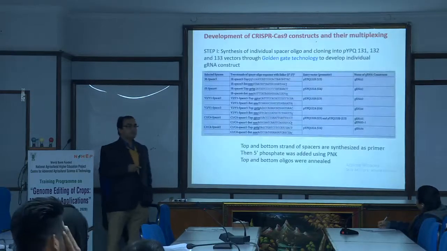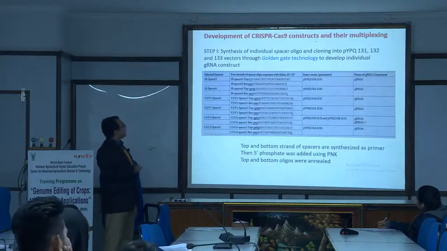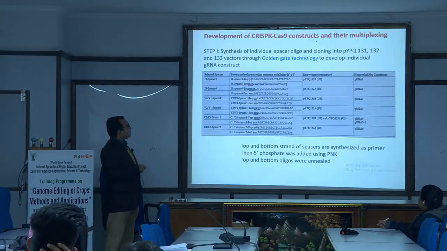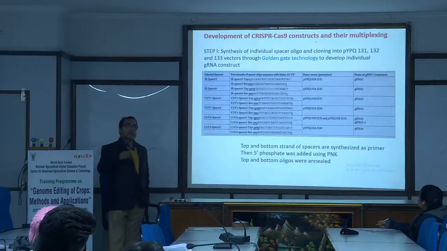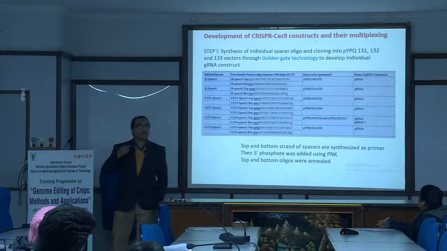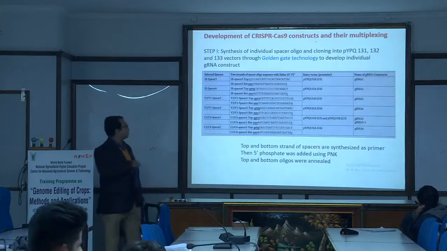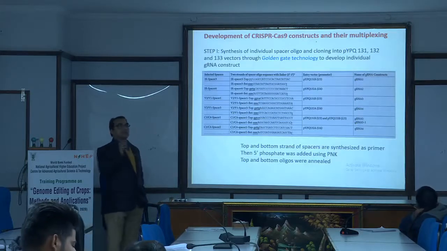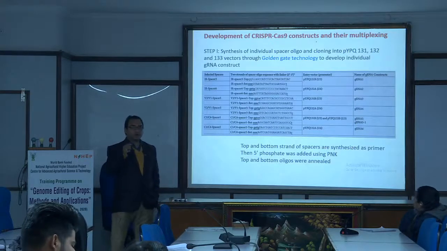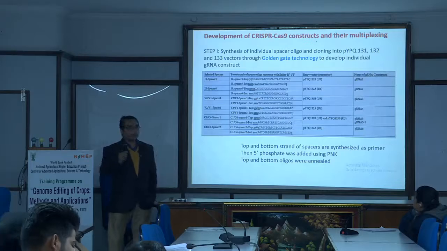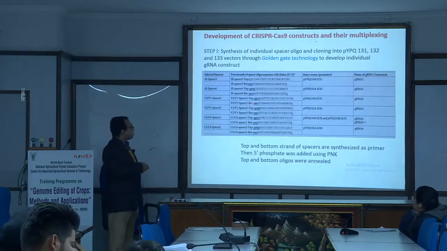The first step is that to those spacer sequences we add a few extra nucleotides to make them compatible with the Golden Gate system. These were given in the paper: if it is a U6 promoter, what you have to add, if it is a U3 promoter, what you have to add. So, we added those and prepared every spacer sequence.